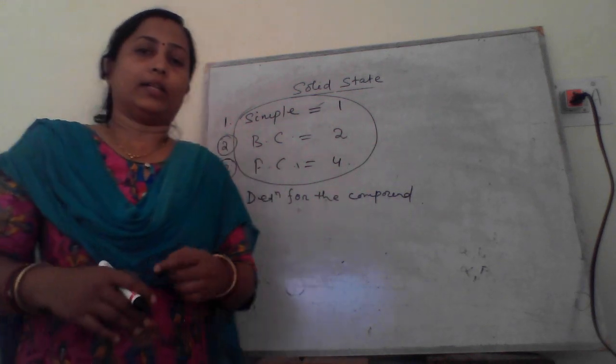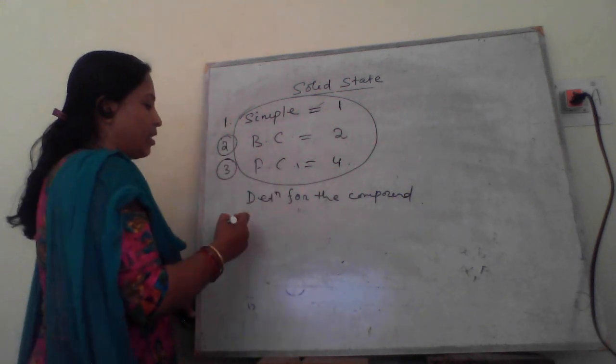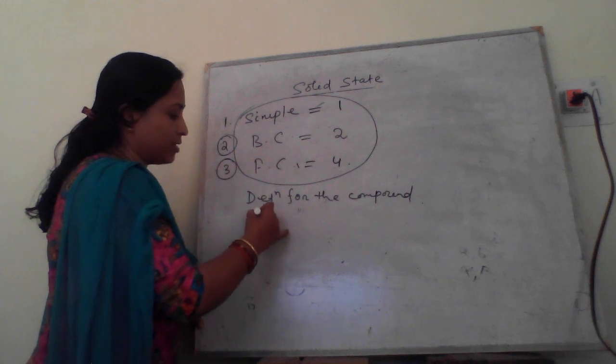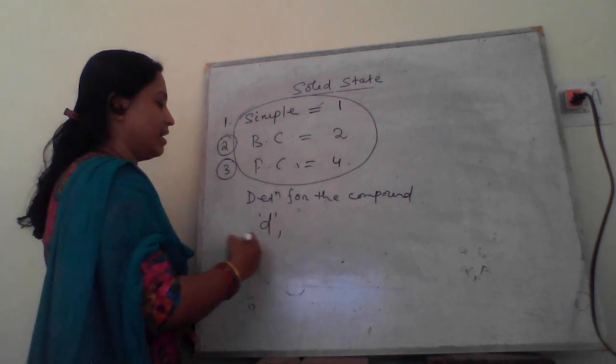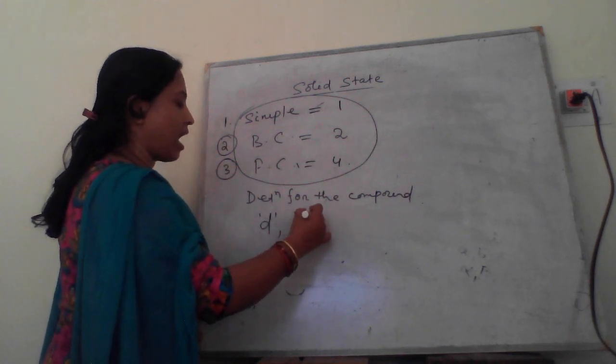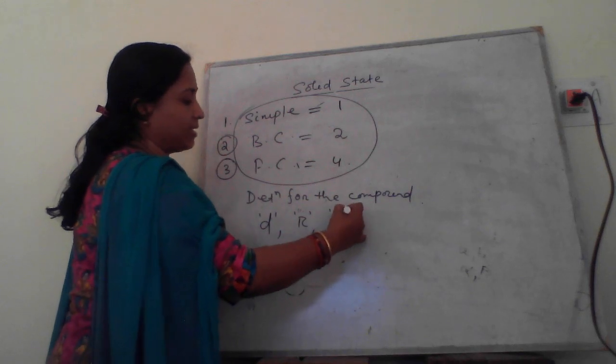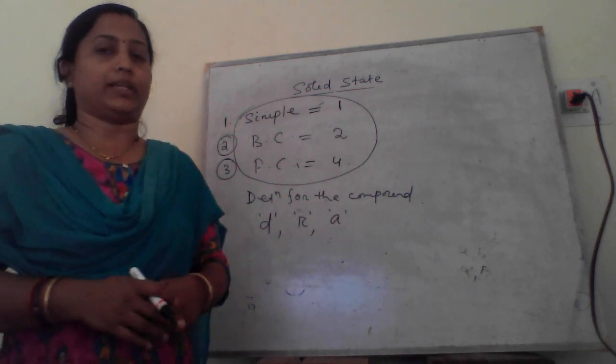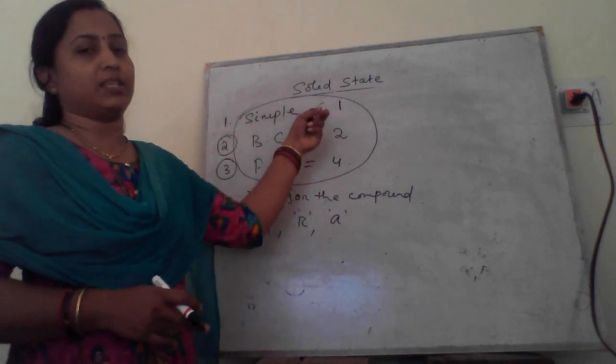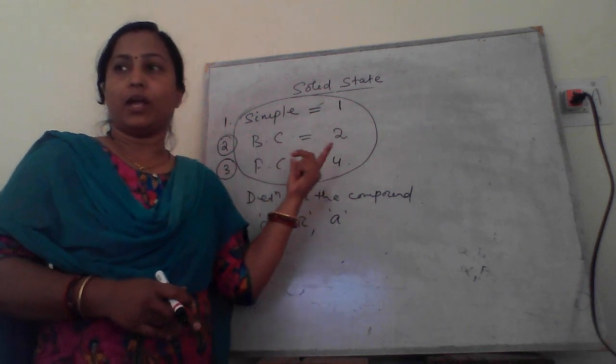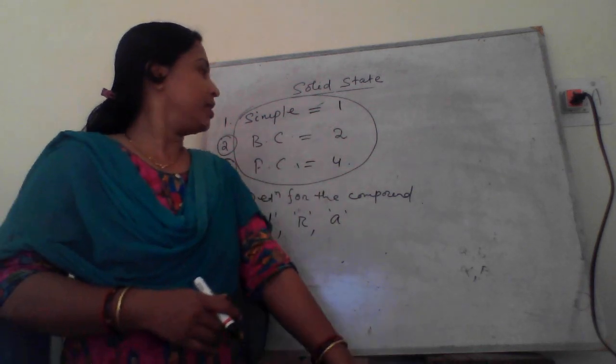And then the relationship between nearest neighbor distance, which is termed as d, and radius r and edge length a of each unit cell, that is for simple, body centered and face centered unit cell.